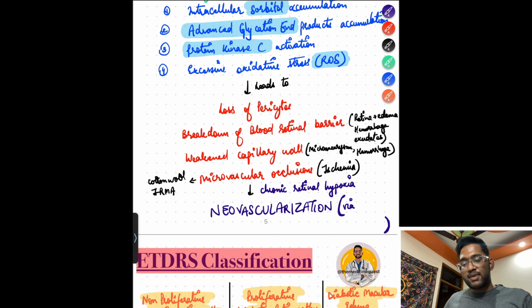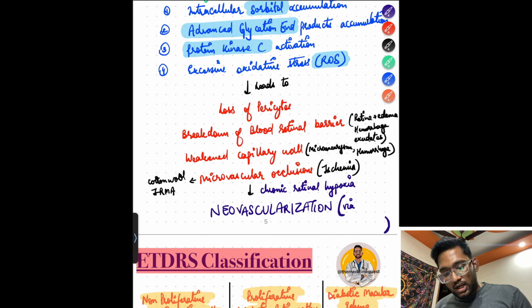So now this microvascular occlusion will also lead to a thing called IRMA, or intraretinal microvascular abnormality, which is basically an arteriovenous shunt which occurs because whenever there is microvascular occlusion in a retinal arteriole, the retinal part distal to that blocked arteriole will now be supplied by another vessel, which is a shunt vessel. So this IRMA is basically the shunt vessel which is supplying the part of the retina distal to the occluded arteriole.